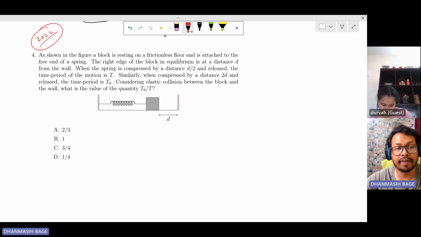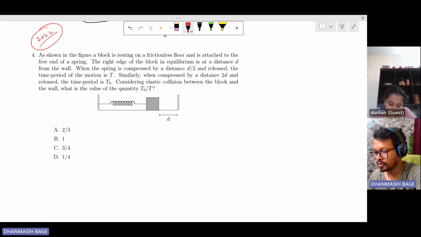See, this is a very complicated problem, but let us try to understand the complications of this spring force. There are other questions as well on spring force. It involves a lot of principles here.